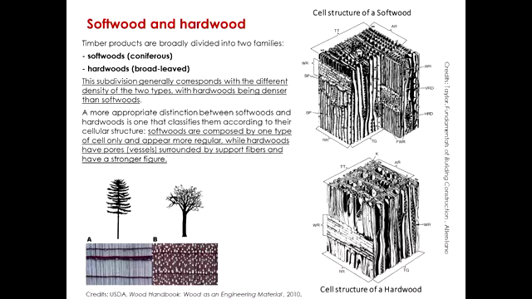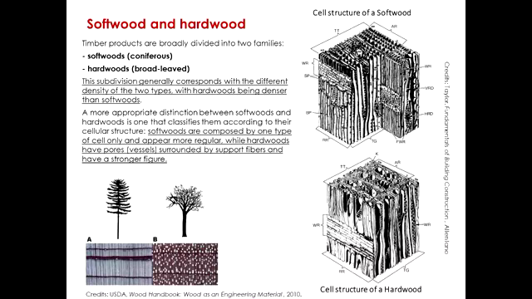These are microscopic views of the cellular structures of the two types of timber. Generally, we can say that the hardwoods tend to grow slowly, and therefore they have a different density.